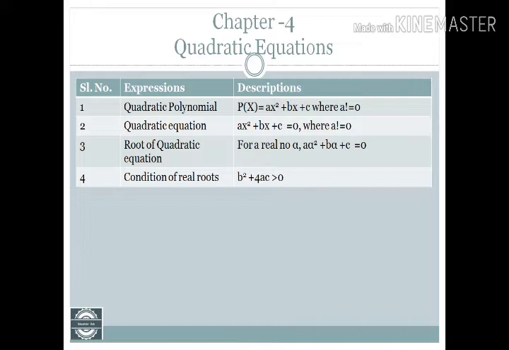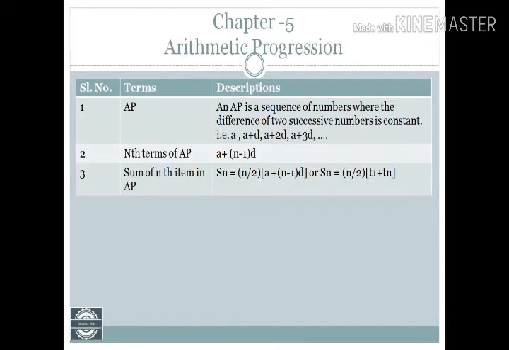And ax square plus bx plus c equal to 0 is when it becomes the quadratic equation. Now the root of the quadratic equation is, for a constant, suppose alpha, a alpha square plus b alpha plus c equal to 0.